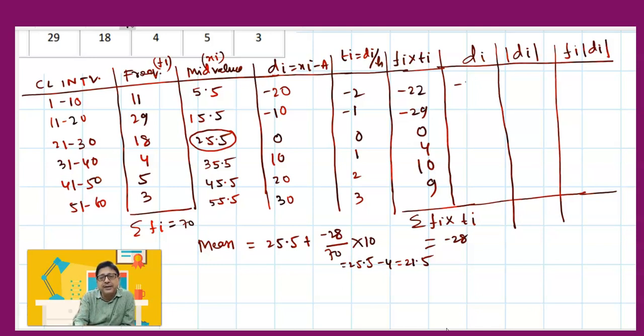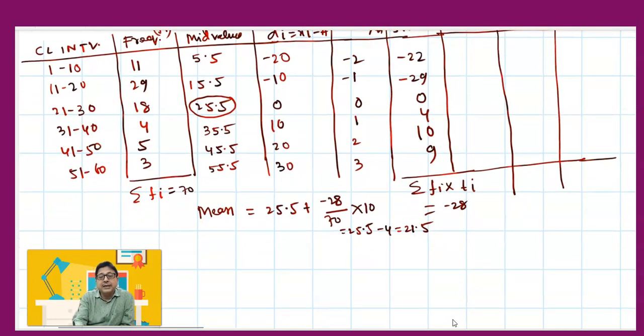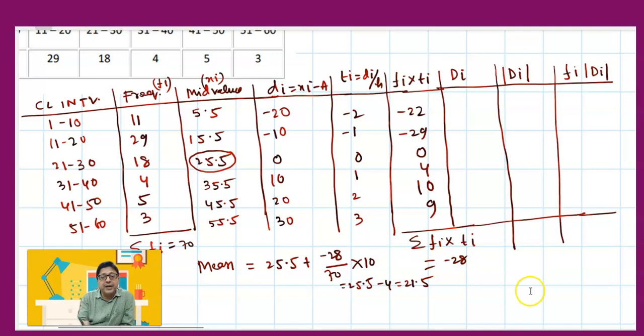I am rewriting here minus 20. But this di is going to be different, because you found that about the arbitrary point. So you symbolize this part, this is fi into di, and you take capital Di. Why? Because this time you are going to find mean deviation about the mean. So Di is the difference between these two values, 5.5 and 21.5.